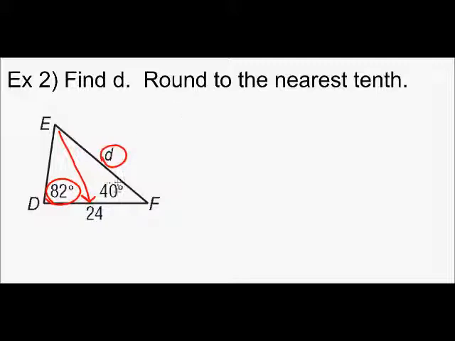I have this other angle, 40-degree angle. So I can say 180 minus 82 plus 40. This is going to give me E. Remember, there's 180 degrees in a triangle, so I can always subtract the other two to get the third one. This is 122. So E is 58 degrees.